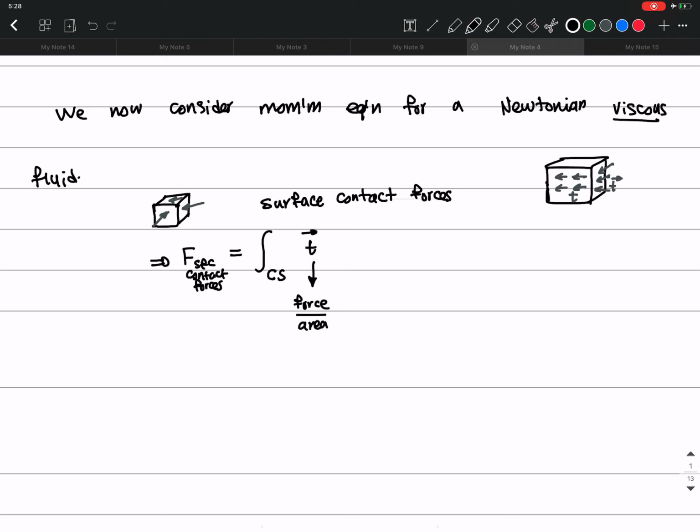And then we multiply that by dA, the small surface that it's surrounding.